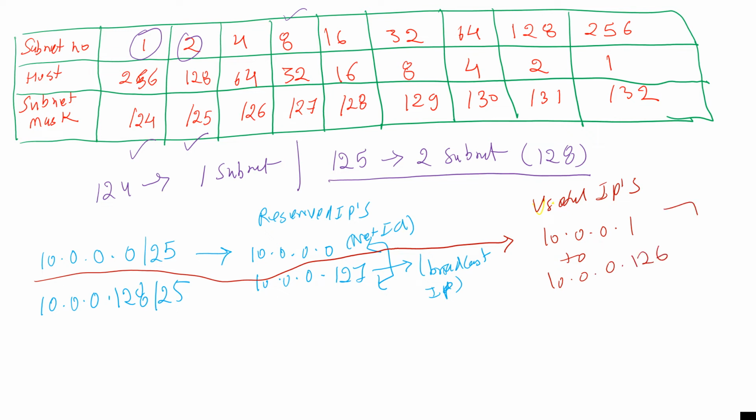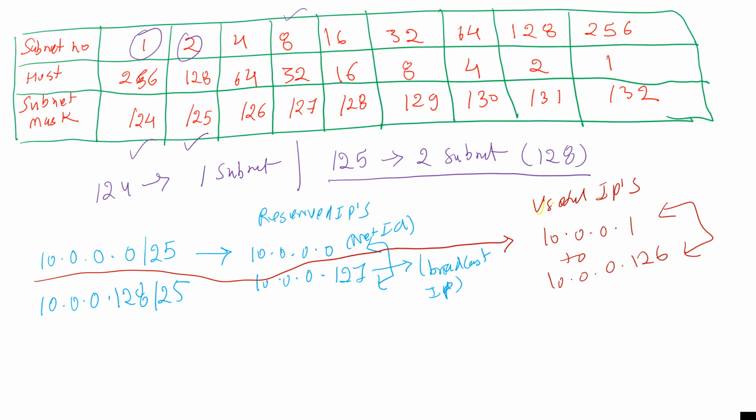These IPs we can use for our work. This is very simple, and this way of explaining makes it easy to remember how to calculate the subnet. Once you define your range, let's say in a VPC or VNet, then based on how many subnets you want to create and how many machines you need, this is the calculation you have to do, and then you can figure out how many subnets there are.